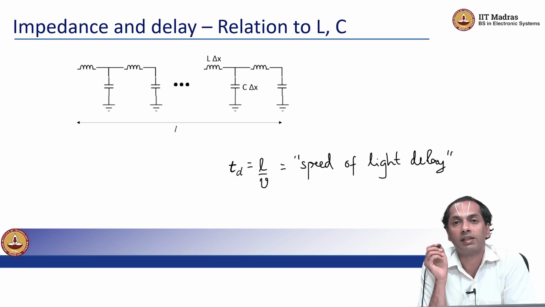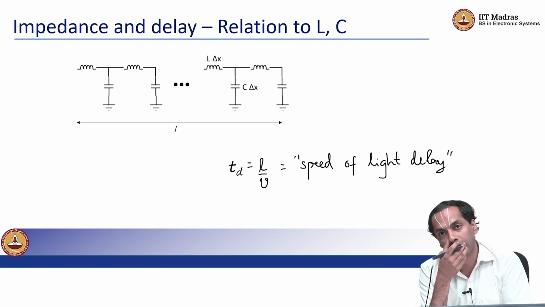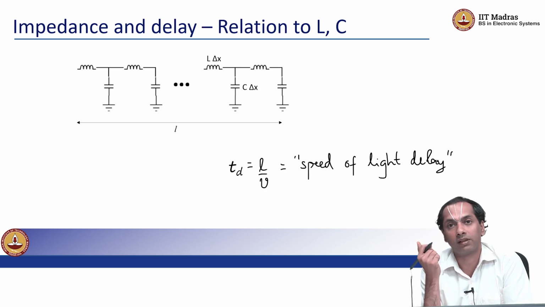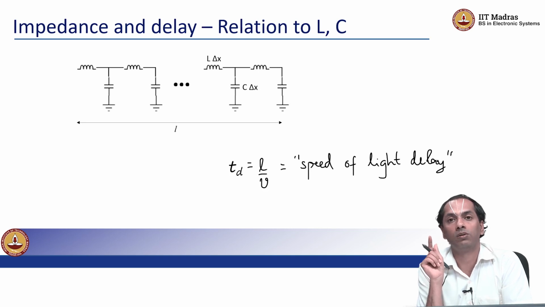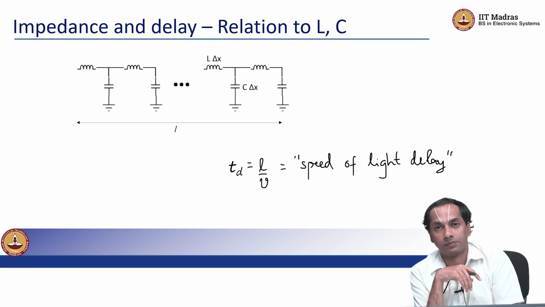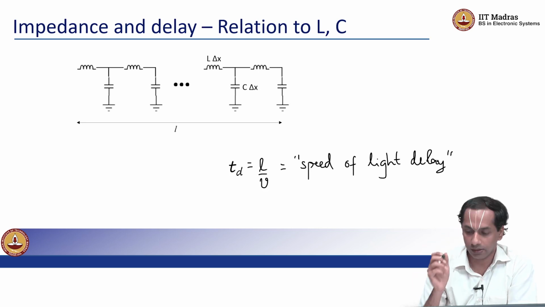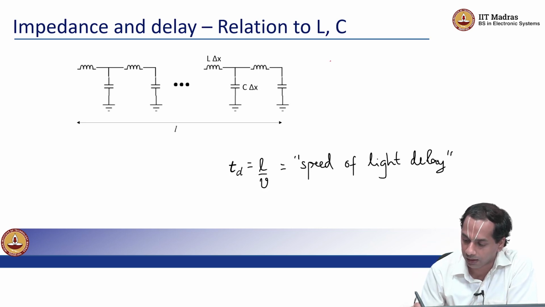Remember this L and C is in our model. But if someone were to give you a cable, it's unlikely that the manufacturer will give you L and C. Instead, what they'll give you is the Z naught that we saw in the previous slide. It also comes with another popular terminology called the characteristic impedance.